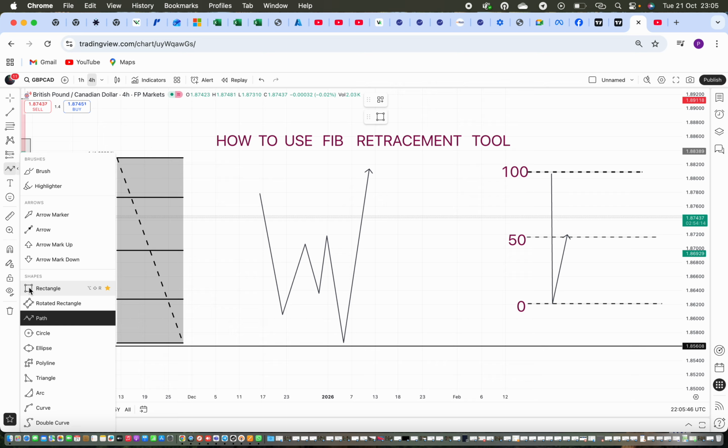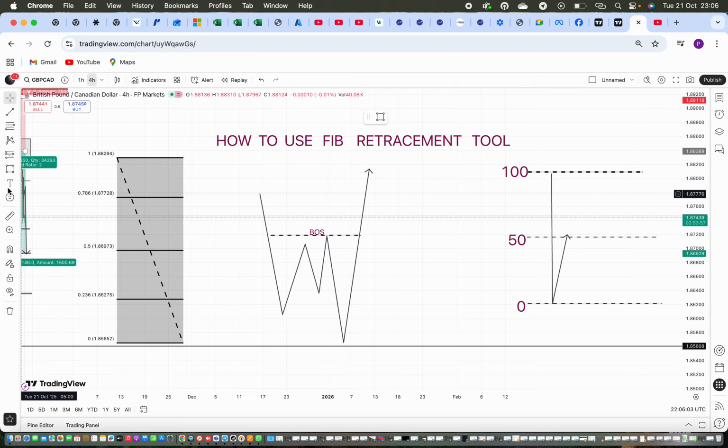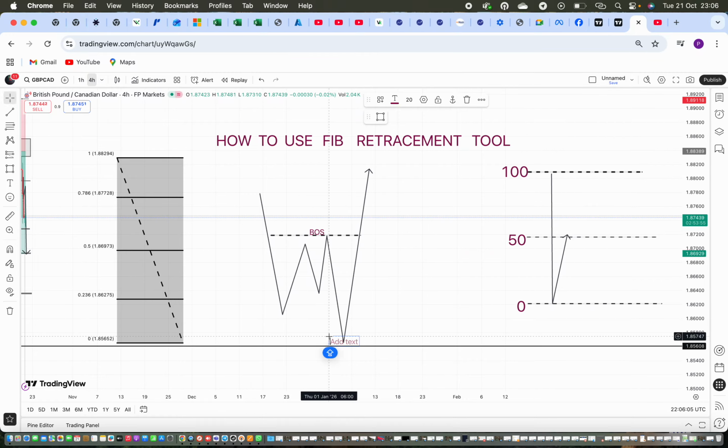Now in a condition where we broke structure like this, we can safely say this is our BOS, and we have our lower low and our higher high.